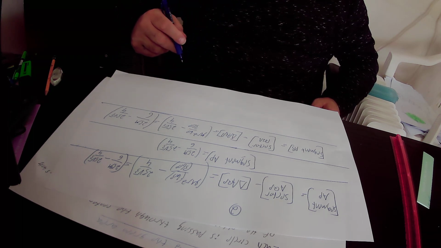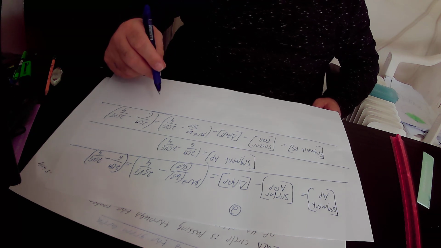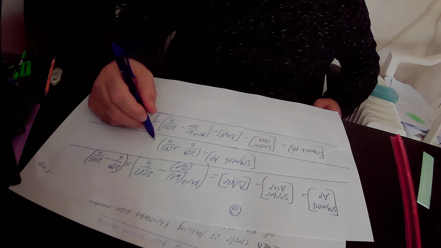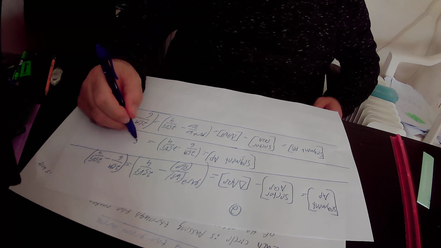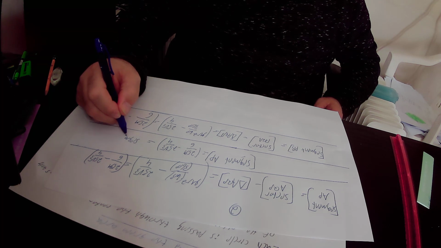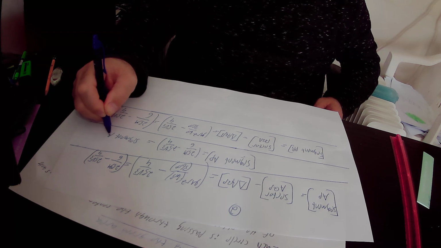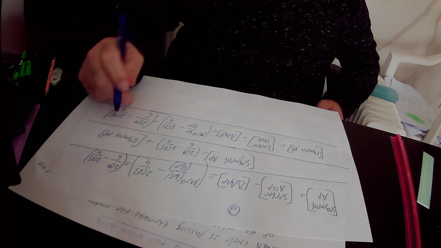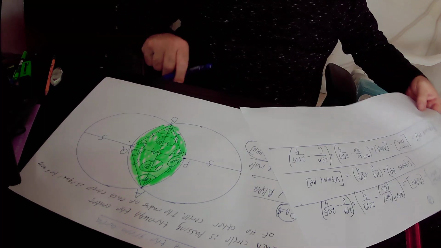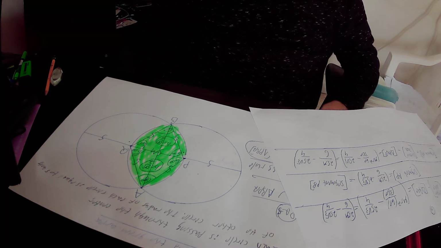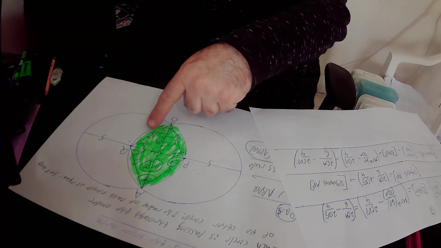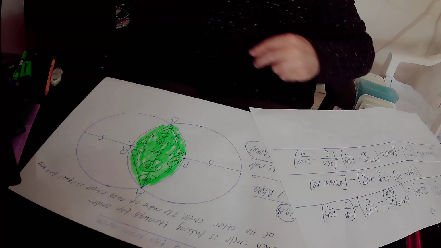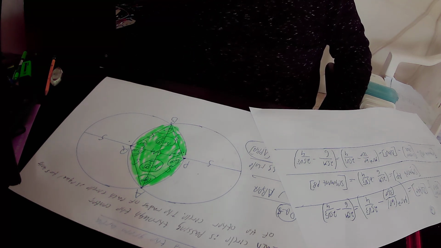So we can write here that the area of segment AP equals the area of segment PB. And if we continue to calculate the area of segment QB and the area of segment AQ, we'll get the same results.